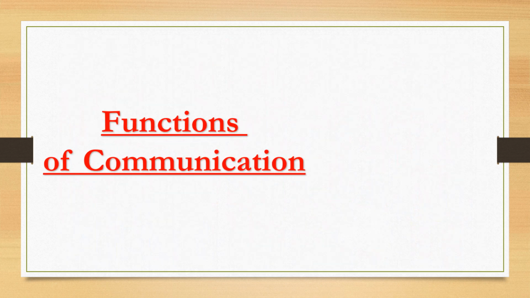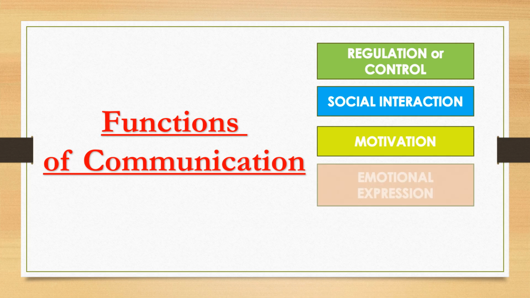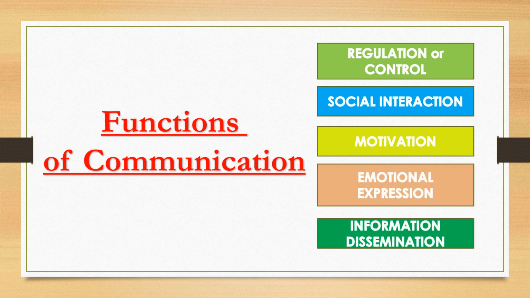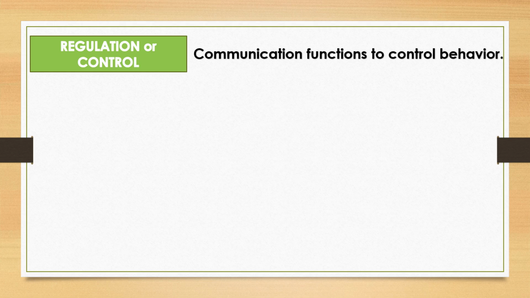Again, there are 5 basic functions of communication. These are regulation or control, social interaction, motivation, emotional expression, and information dissemination. Here are the important things that we should remember. In control or regulation, communication functions to control behavior.